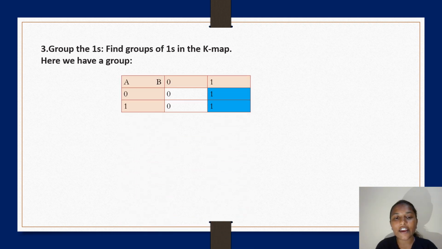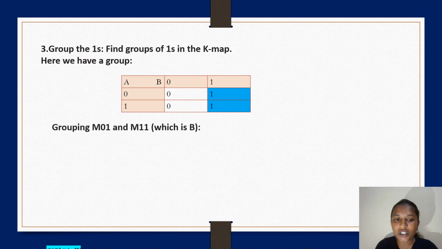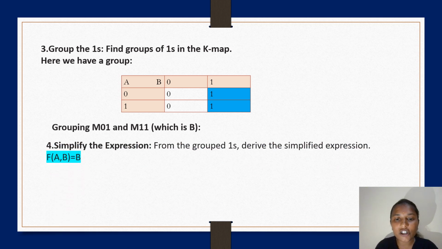After grouping, A takes values 0 and 1 and gets cancelled, while B of 1 remains, which is represented as B. So my simplified equation is f(A, B) equals B.